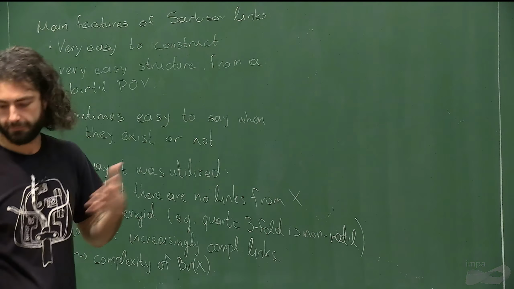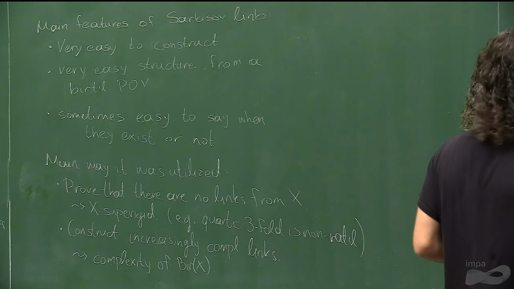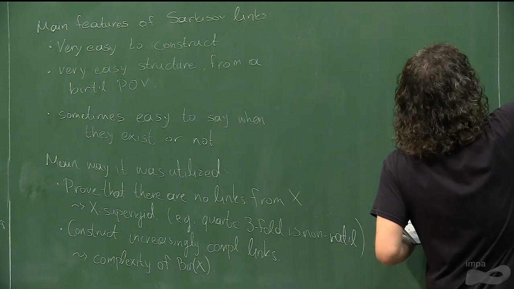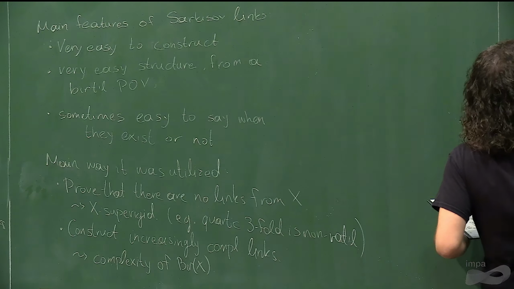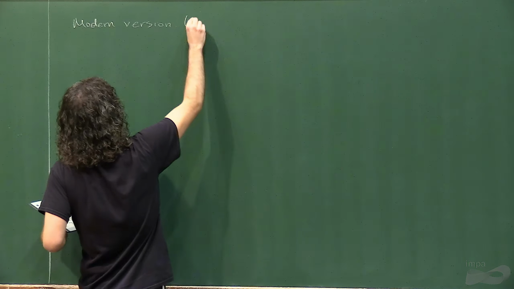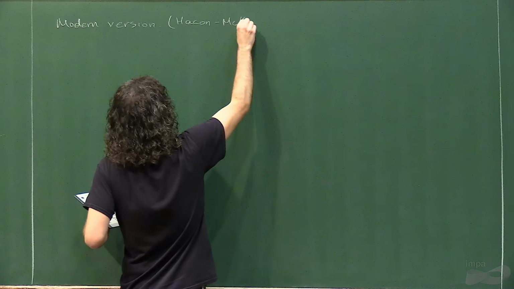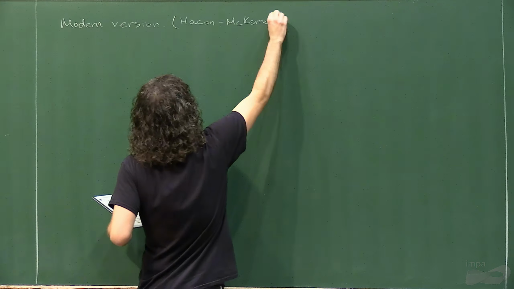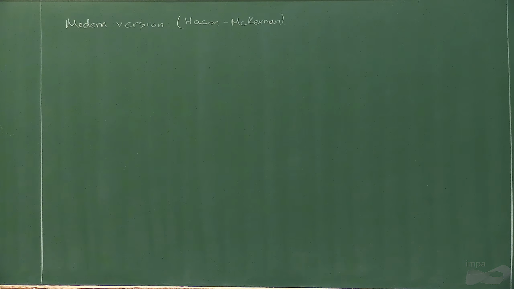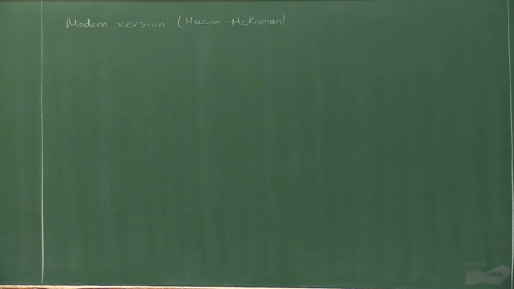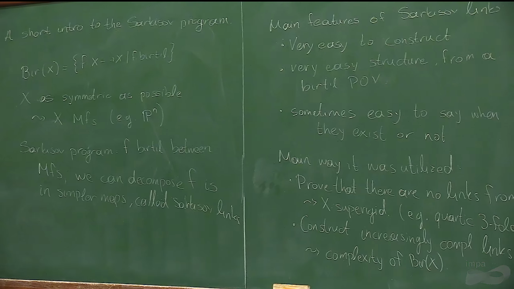And then we have, well, let's say the modern version of the Sarkisov program, which is due to Hacon and McKernan. So let me say that the proof of the Sarkisov program for dimension 3 was first done by Corti in 95, and it involved studying very complicated invariants of the map.